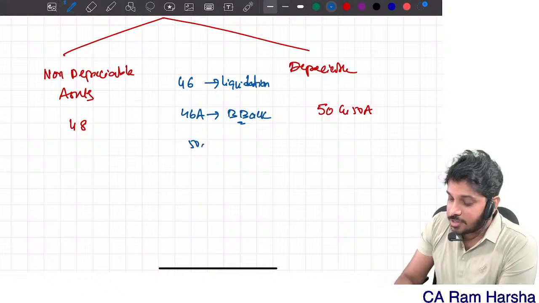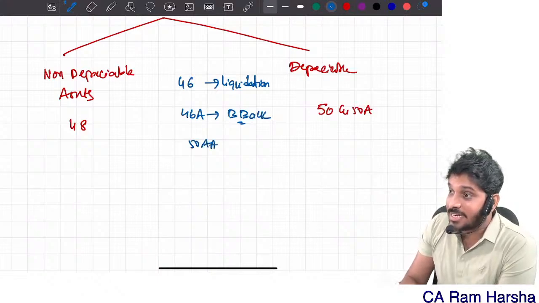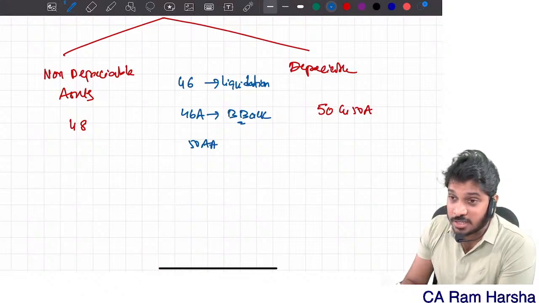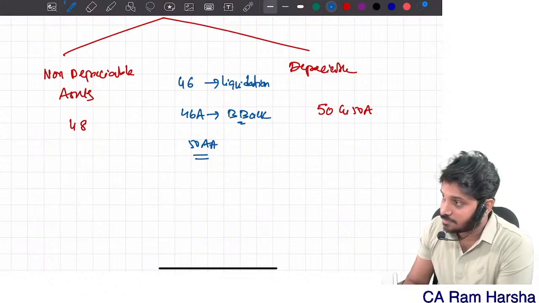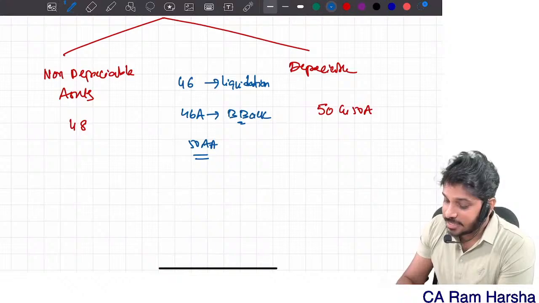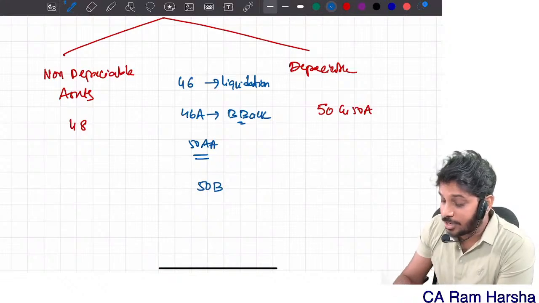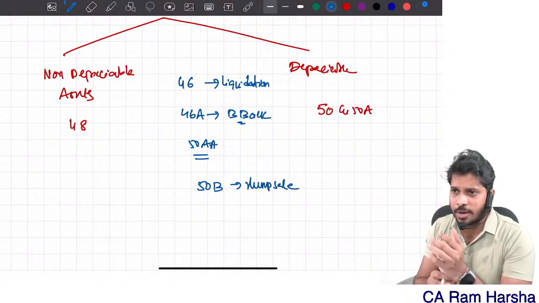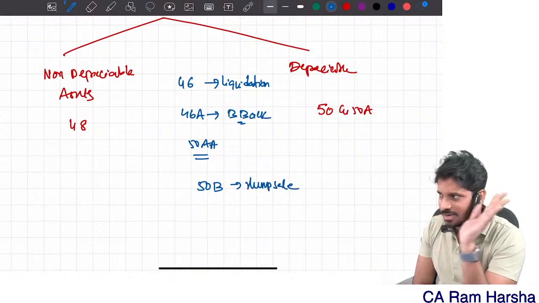There is another section which talks about capital gains for market linked debentures, units of specified mutual funds, unlisted debentures and unlisted bonds with effect from 23rd July. This section has an amendment. And there is another section which talks about computation of capital gain on slump sale.